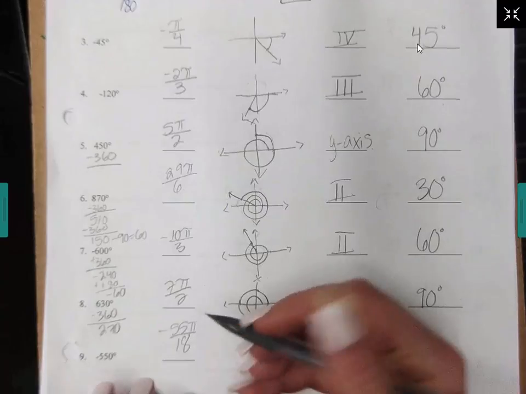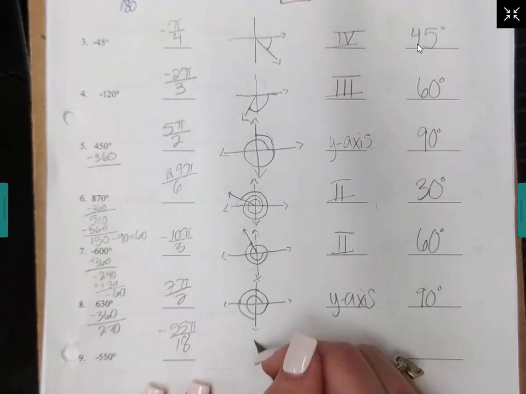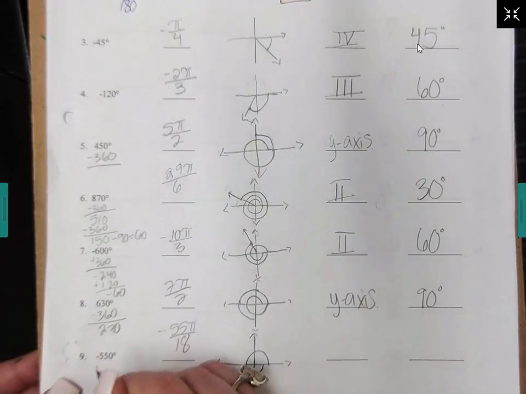Now, not every time is it going to be one of the angles we've talked about that we've graphed on the unit circle. There are other angles on the unit circle, all angles on the unit circle, but we've already talked about special ones. So, let's graph this one. Okay, it says negative, right? So it's like adding 360, and what's that going to leave us with?